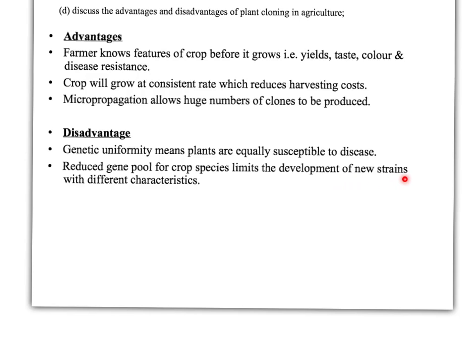We talked a bit about this back in F212 when we talked about conservation and seed banks, to try and conserve old and less popular strains of various plants, so that breeding programs can be done in the future to develop new strains for new crops which might be required as the environment changes.